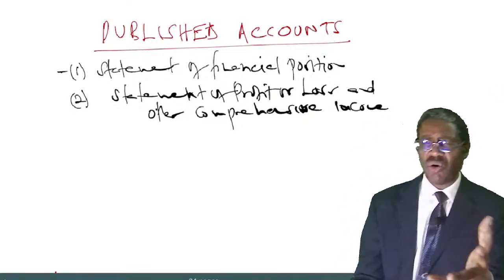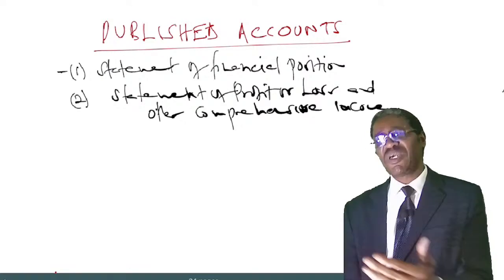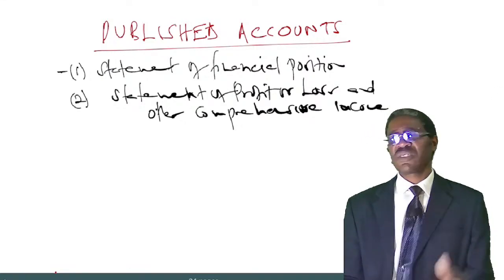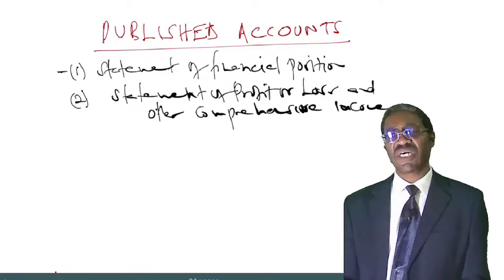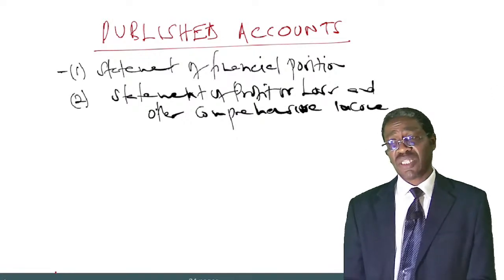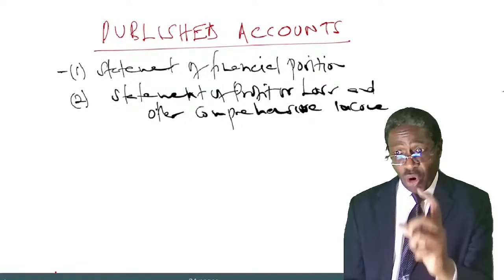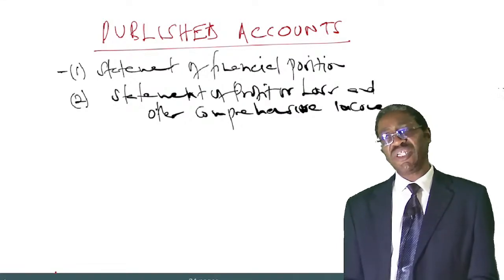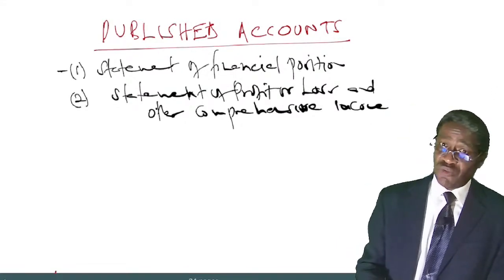Some books will call it income statement. Others will call it statement of comprehensive income. Whatever it is that they are calling it, that's another component which should be included in a complete set of financial statements.